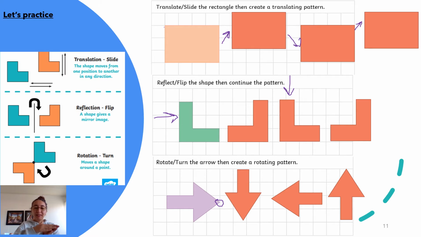That arrow tip is where the rotation will happen. We're going to look more into rotation in Wednesday's lesson, where we look at quarter turns, half turns, three-quarter turns, and full turns.